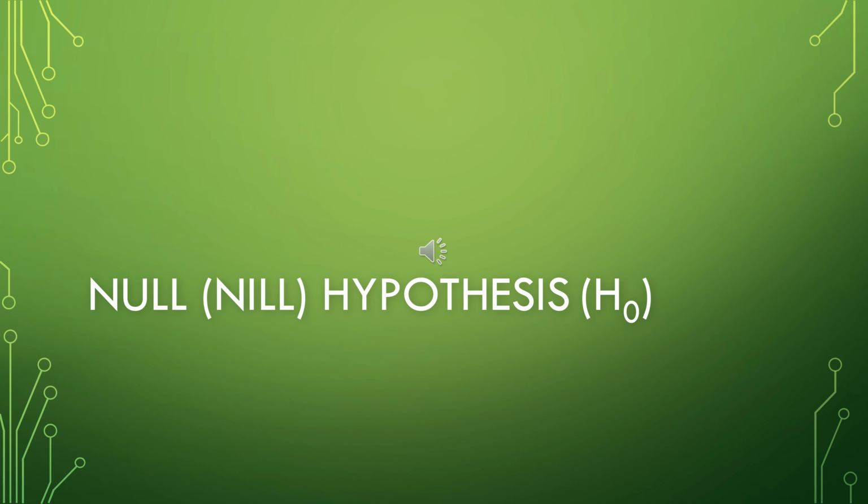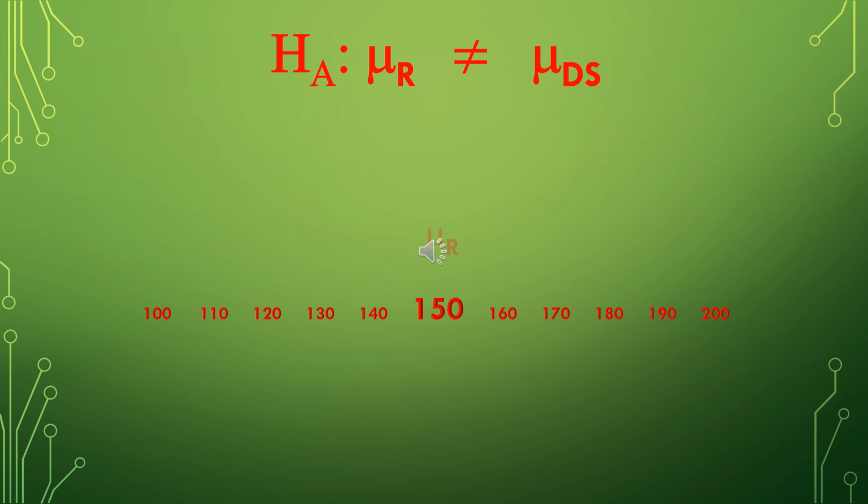The null hypothesis is a statistical hypothesis as well. The null hypothesis is a statistical hypothesis that is to be nullified. We're going to test the null hypothesis. It usually indicates no difference or no difference of interest between two parameters or between one parameter and a specified value. There are three possibilities with regard to the relation between mu r and mu ds.